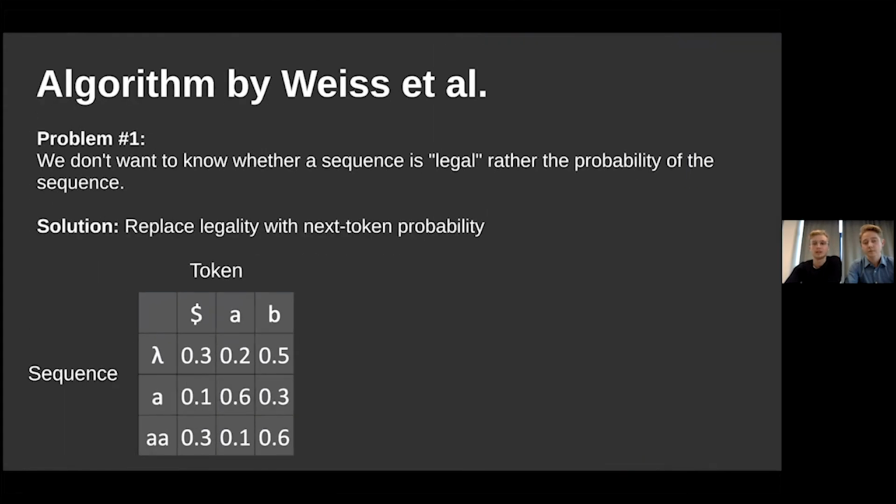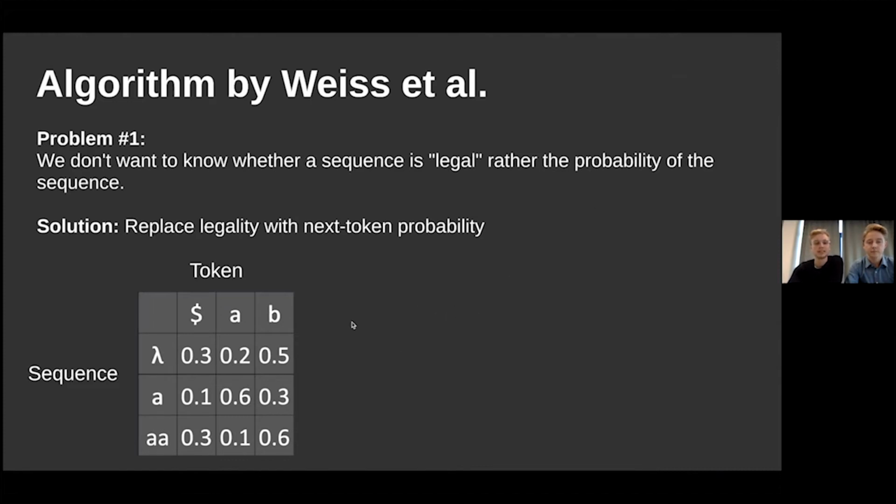And so we will look at 2 problems that this algorithm solves. Firstly, the Weiss algorithm uses the L-star internally, but it does some changes to it. So firstly, we don't want to know whether a sequence is legal because we're no longer using DFAs, we're using PDFAs.